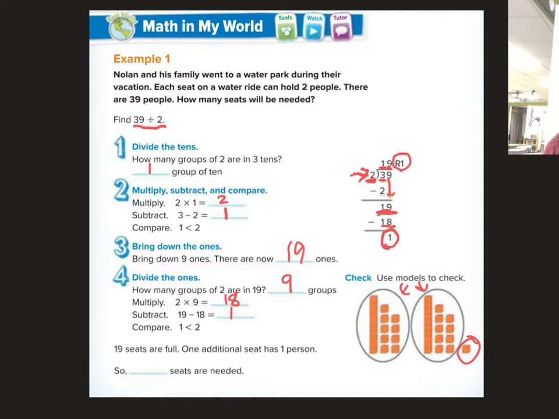So how can we fit everybody? We don't want this one person to not have a seat. Do we need 19 seats or should we have 20, do you think? I think we should have 20 seats so that last person can sit down. So 20 seats are actually needed.